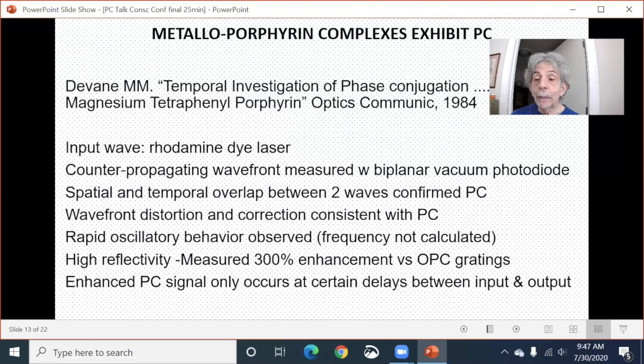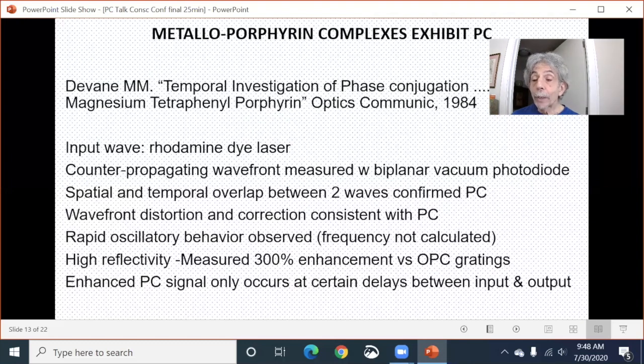They used rhodamine dye as a laser for the input, and they were actually able to measure what they call the counter-propagating wavefront using vacuum photodiodes. They measured the distortion, then they were able to correct the distortion, and interestingly enough, they also observed oscillatory behavior. This is characterized by certain frequencies, although they were not reported on or calculated.